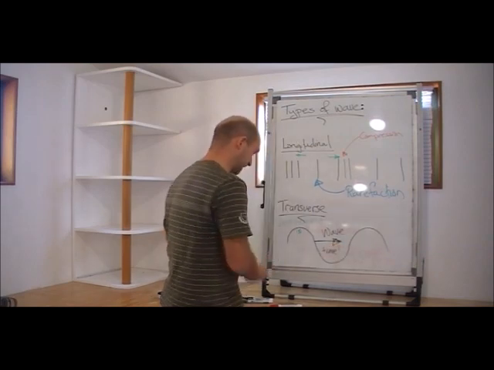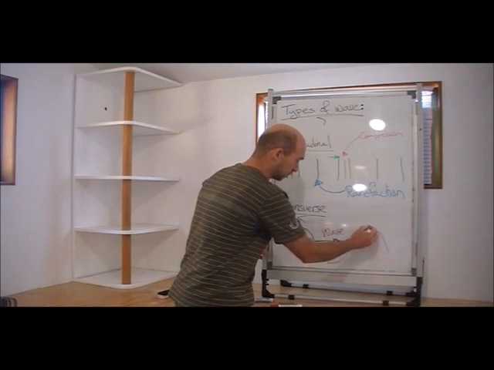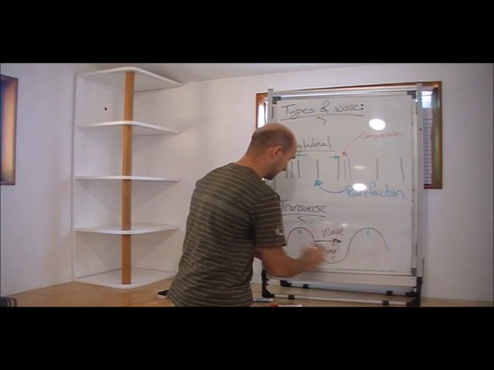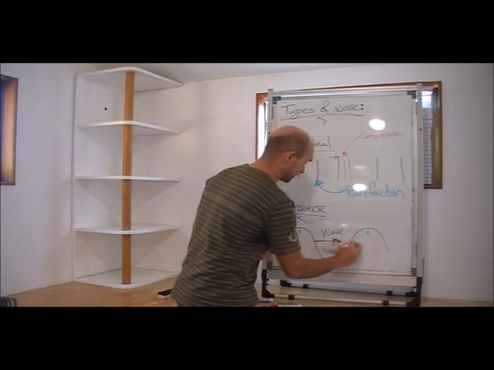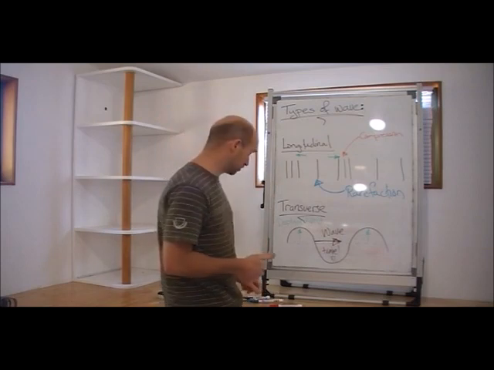So if we think about that the whole way along the wave, then some more displacement that way and some displacement that way, starting from an equilibrium point along there.